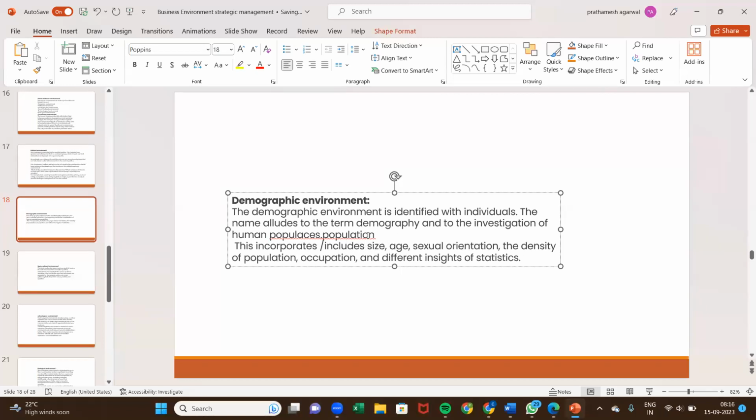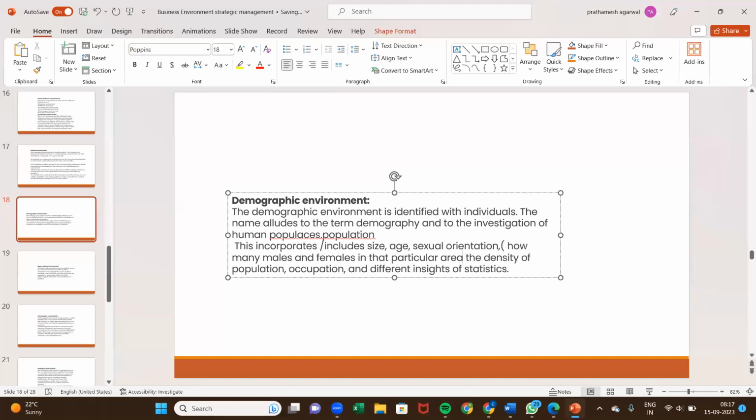size, how much the population is, population size, then the age, the sexual orientation. Sexual orientation means, I'm writing in the bracket, how many males and females in that particular area.